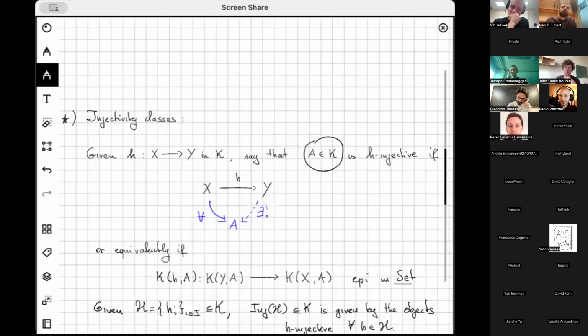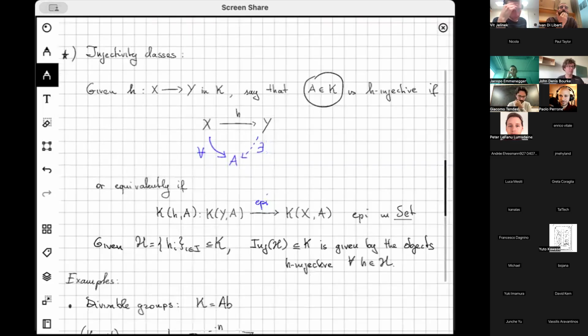Sorry, without the unicity. I wrote it, but I didn't say. So there might be more than one. Equivalently, if you want, again, to write it in a formal way without involving sets, which is useful when we want to generalize to the enriched context, this is saying that the post-composition map is an epimorphism in Set. Okay? So you can write every map from X to A as the composite of H with something else.